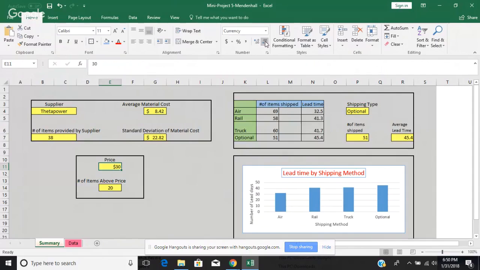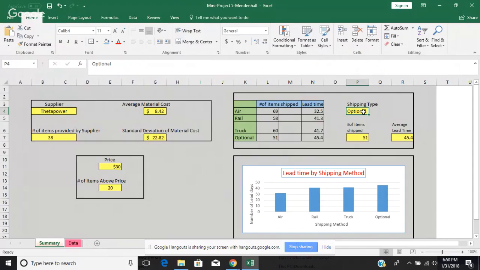On yours, the air, rail, truck, and optional, those are permanent, right? Those never change based on everything else going on? I did make them so they can change. I can type in air right here, and then it will change my number of items shipped and the average lead time, which is just how I got these answers over here.